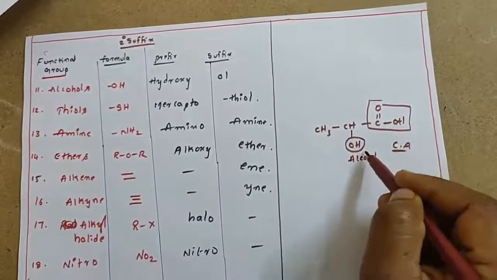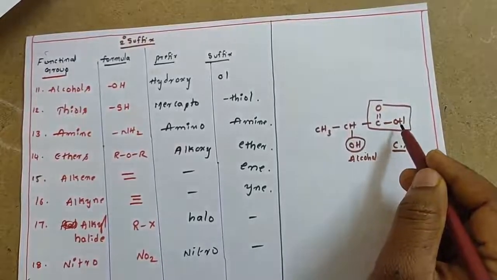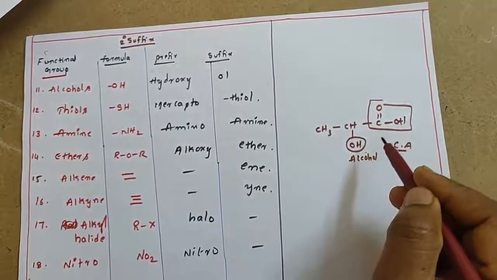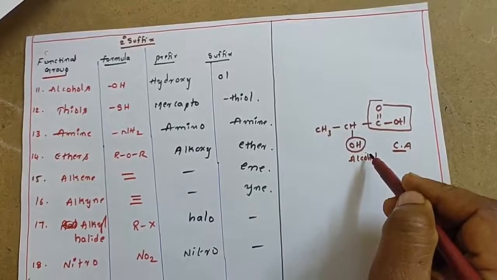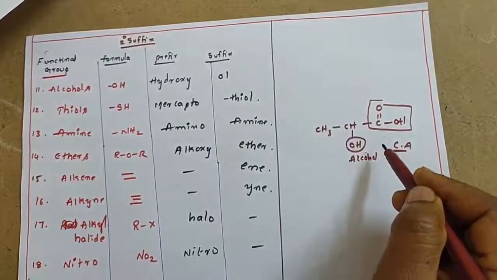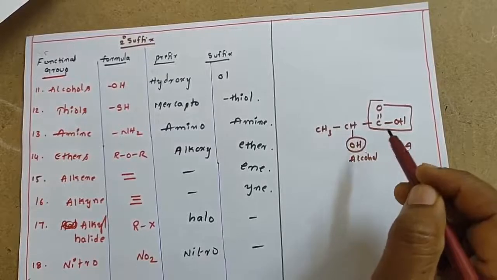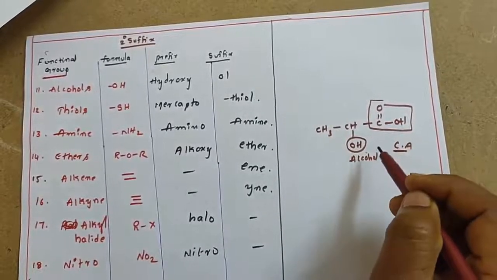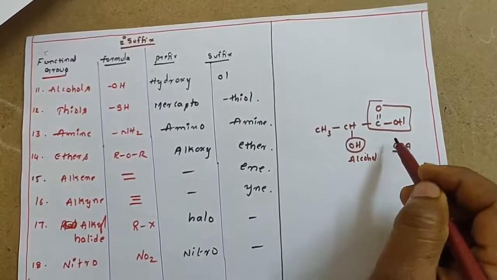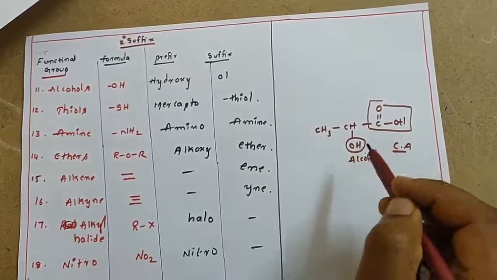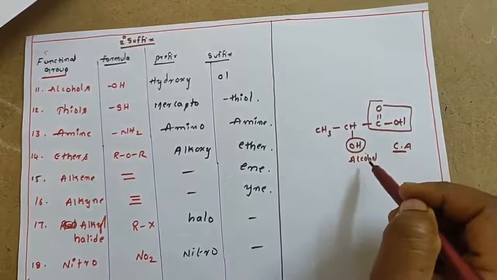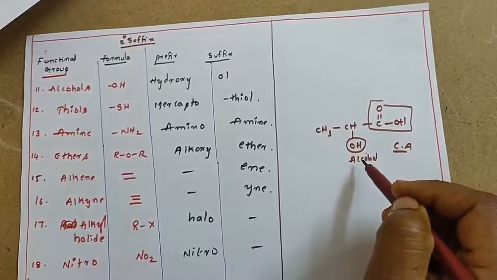Among the two functional groups, which acts as a suffix and which acts as a prefix? If two or more functional groups are present in the organic compound, one functional group we take as a suffix and the other functional group we take as a prefix.